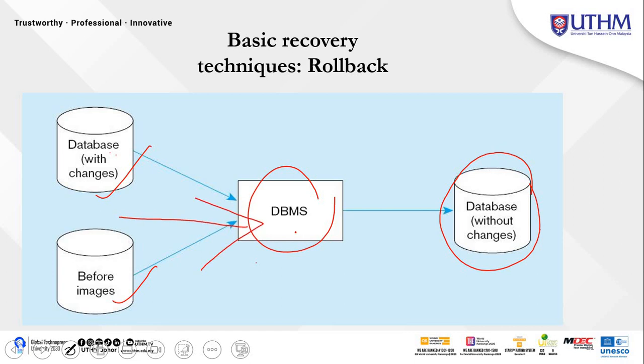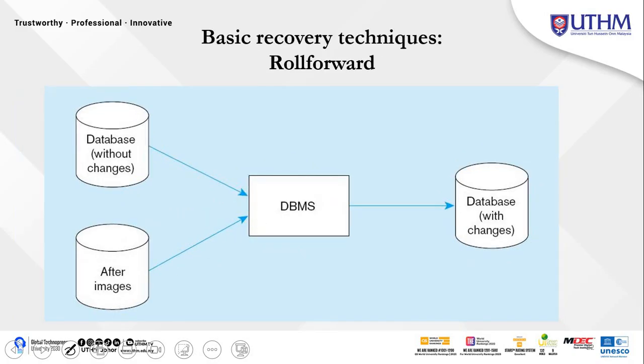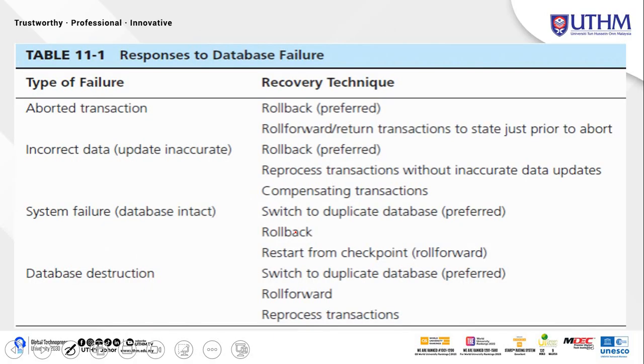This is what we call rollback. Rollback is like undo, roll forward is like redo. So there are four types of failures: aborted transaction, incorrect data, system failure, and database destruction.